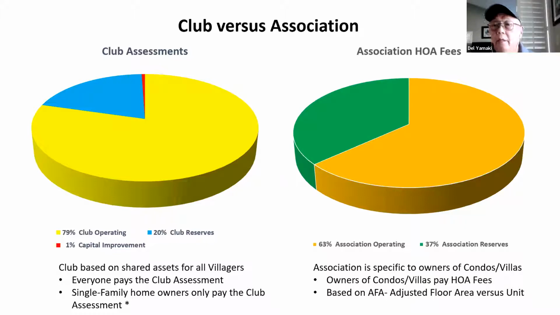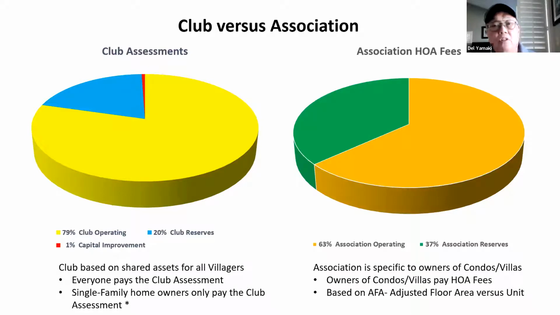The association HOA fees are specific to owners of condos and villas. The association fees, or homeowners fees, are based on what's called AFA. Some of you may have heard this before.